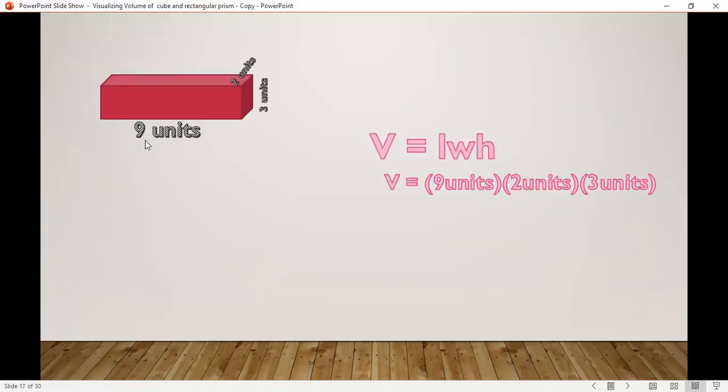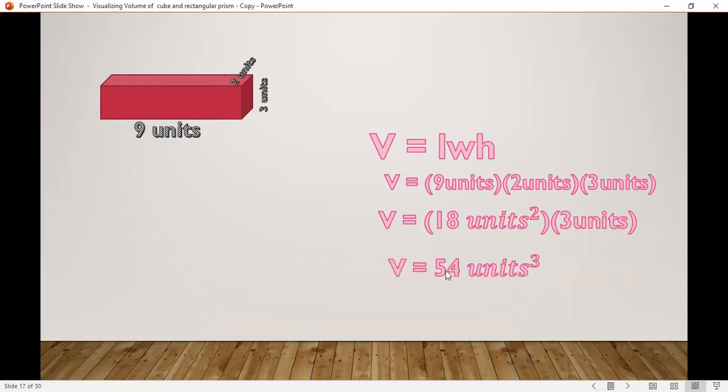Length 9 units, width 2 units, height 3 units. 9 times 2, 18 units times units, units squared, times 3 units. 18 times 3 equal to 54 units cubed.